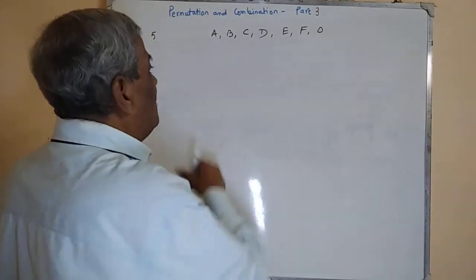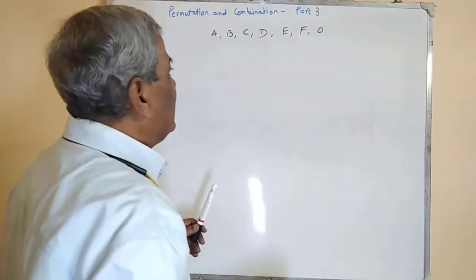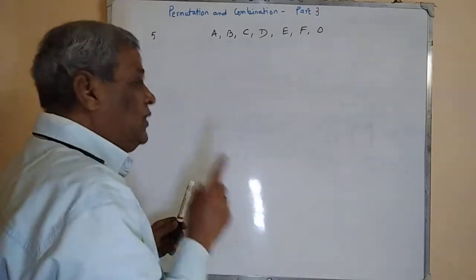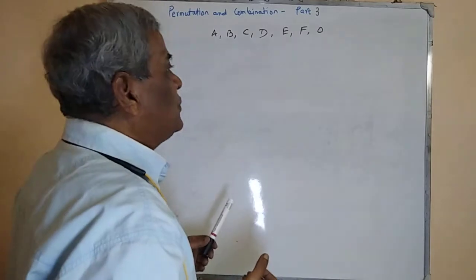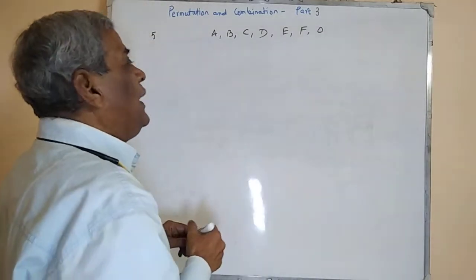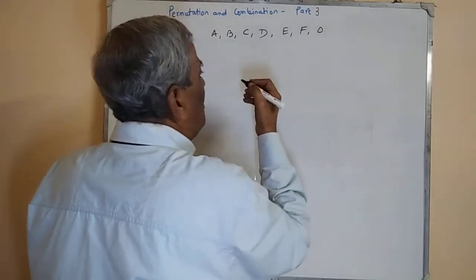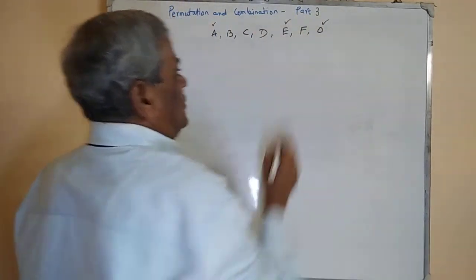Means we have 7 letters given, we have to use 5 of them and form words so that exactly 2 vowels will be used. The vowels are A, E, O.